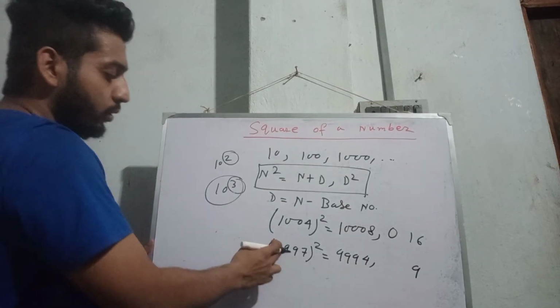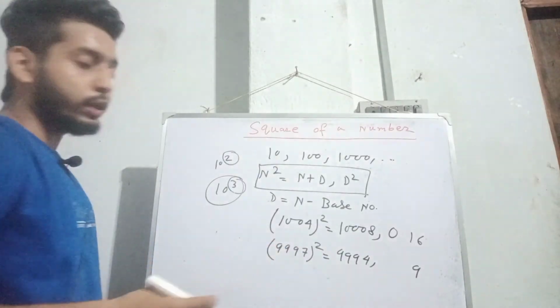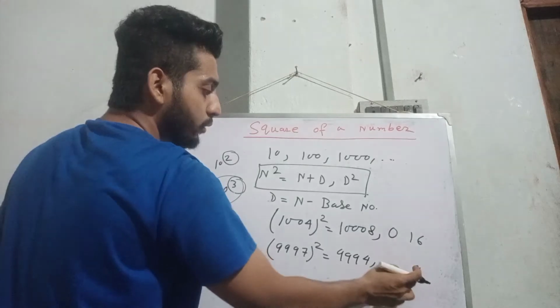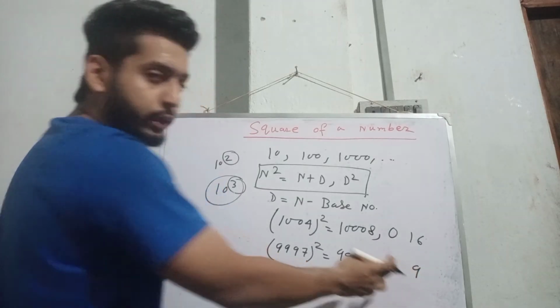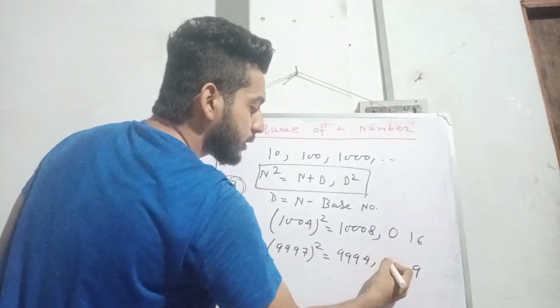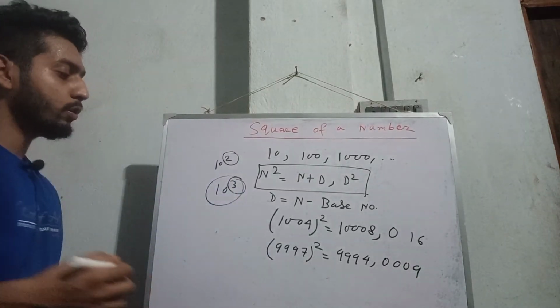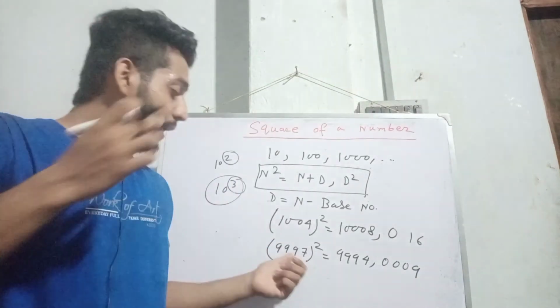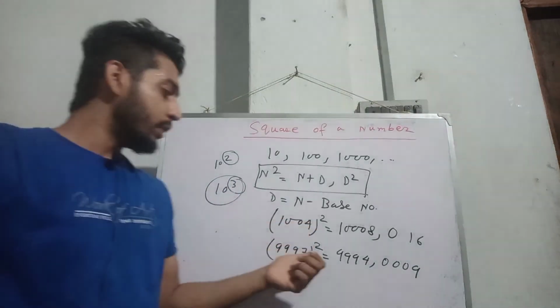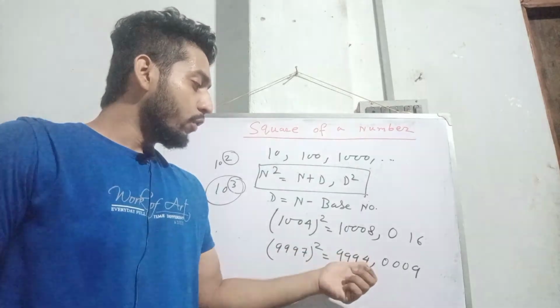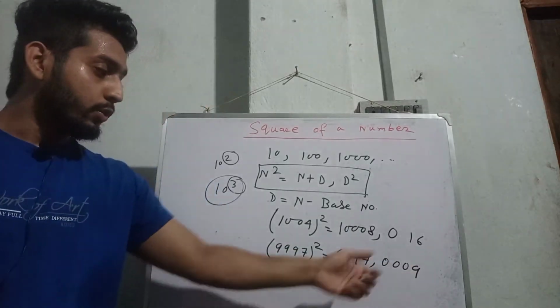Now there are 4 digits, so you need to put 4 digits here. There is only one digit 9, so we need to put 0, 0, 0 here. So 9997 square will be 9994,0009.